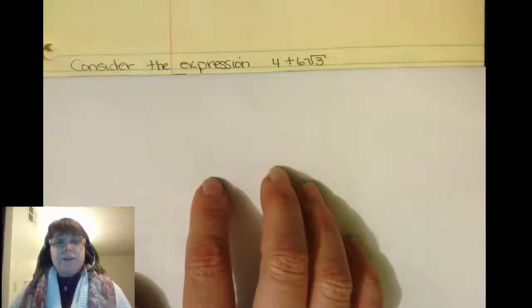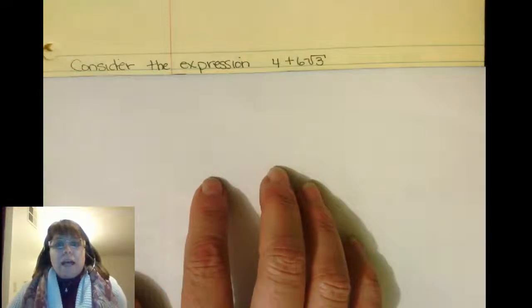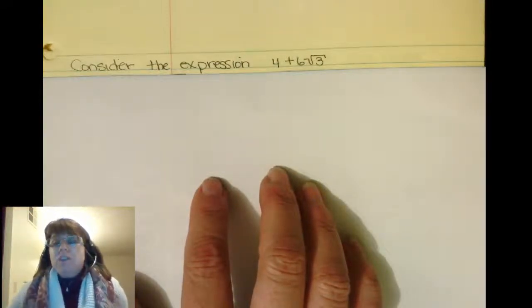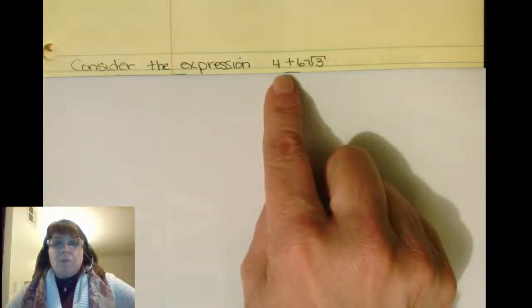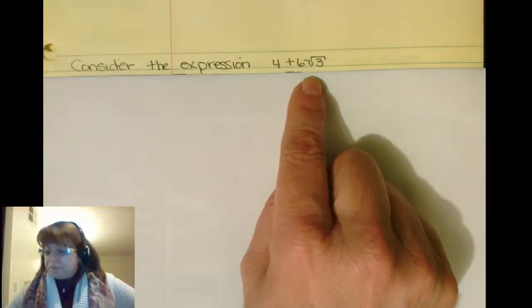Now let's consider the expression 4 plus 6 square roots of 3. If I gave you 4 plus 6x, I think you would know what to do with it. I think you can bring out the GCF and factor it. Well, let's consider the same type of problem with 4 plus 6 times the square root of 3.